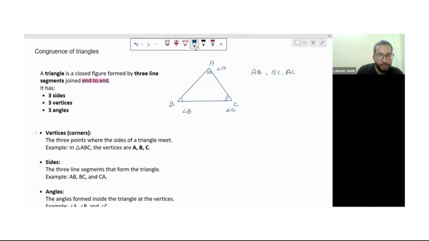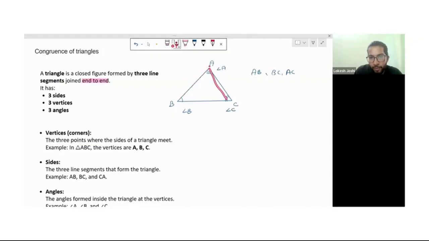Now the vertices. So it's written there, corners in brackets. Yes, so we can directly say these corners are our vertices. And it's written there, the three points where the sides of the triangle meet, which means this is side AB and this side is AC.